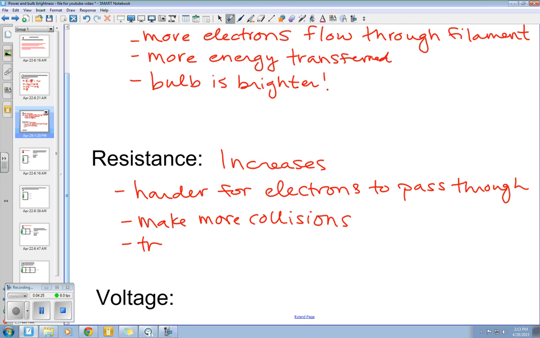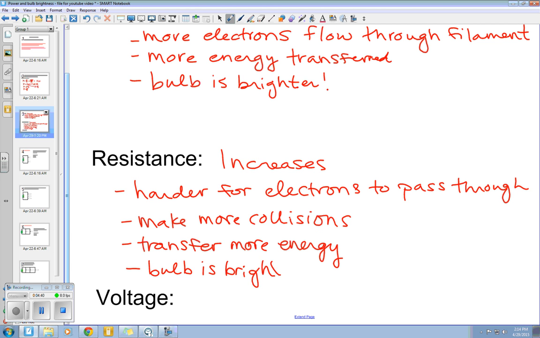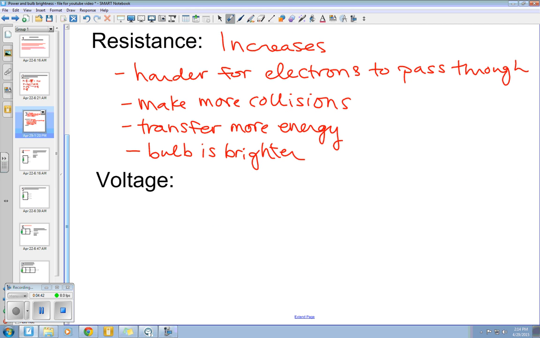So they transfer more energy. Therefore, the bulb is brighter. So if I have the same amount of current going through a bulb, but it has more resistance than an original bulb, the bulb with more resistance will be brighter.